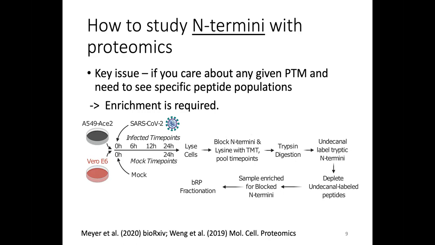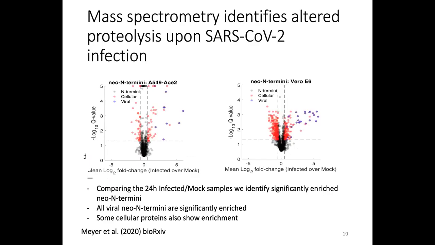Everything that doesn't bind, our flow-through, is therefore enriched for our blocked N-termini, and we can fractionate this by basic reverse phase fractionation prior to injecting our sample onto the mass spectrometer to study these N-terminal peptides.